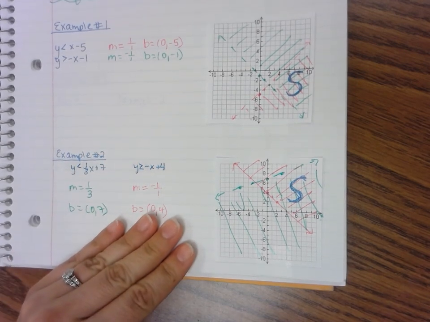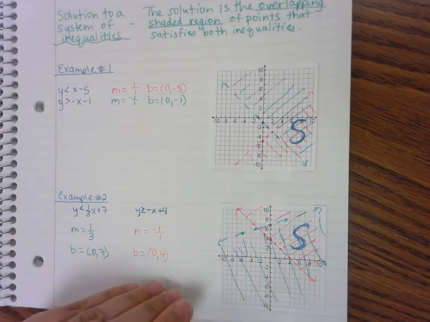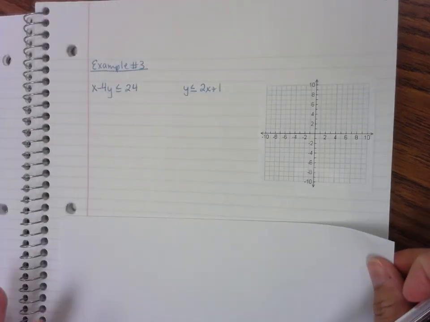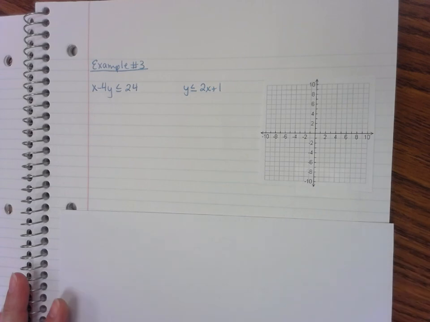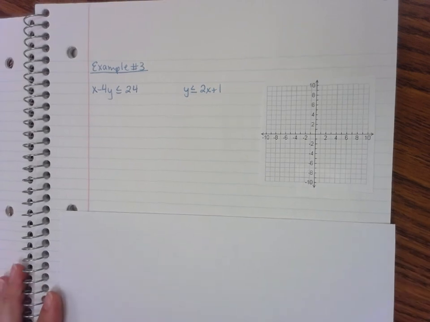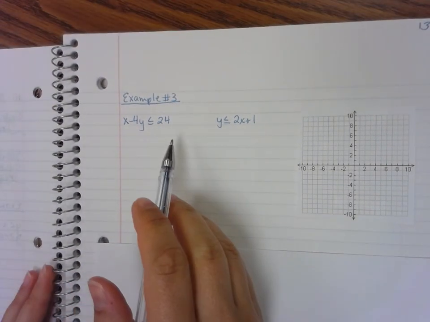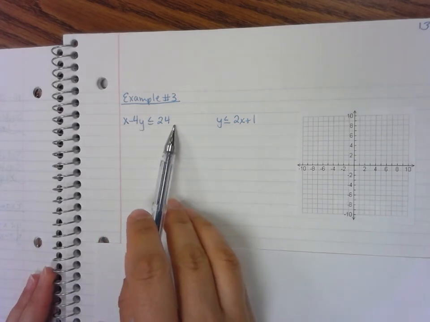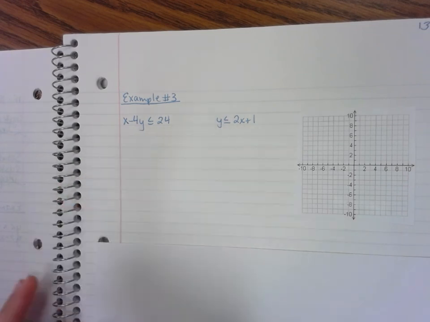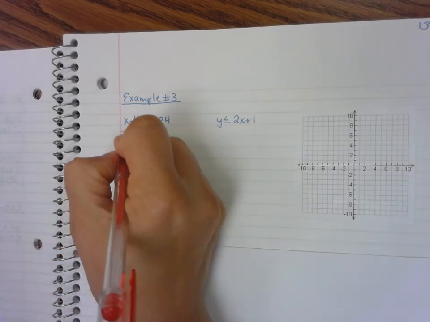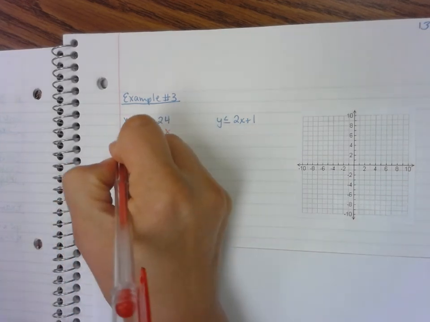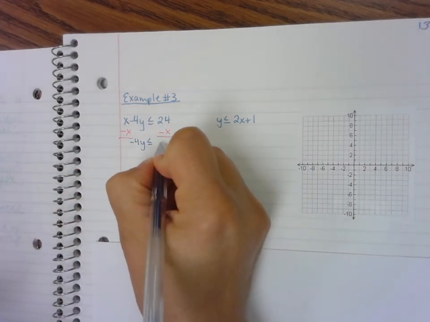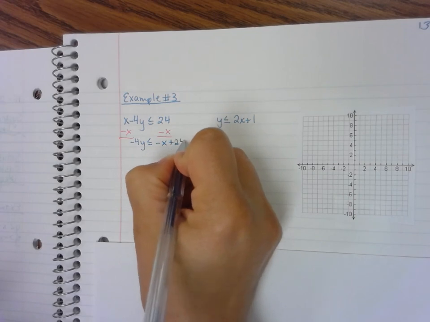Okay. What happens if our equations are not in the proper form? Hopefully you're saying that we need to solve them for y and put them in y equals mx plus b. So I'm going to solve this example 3, x minus 4y is less than or equal to 24, for the proper form. I'm going to subtract x from both sides. So we have negative 4y is less than or equal to negative x plus 24.